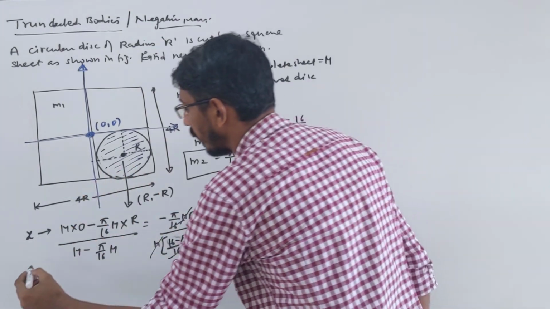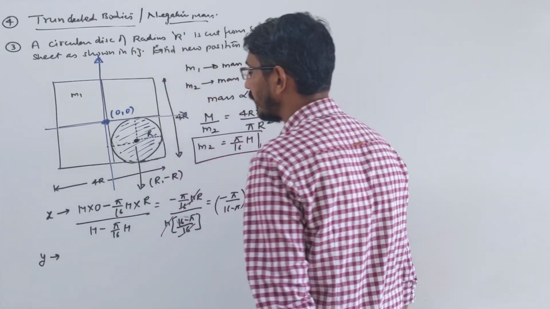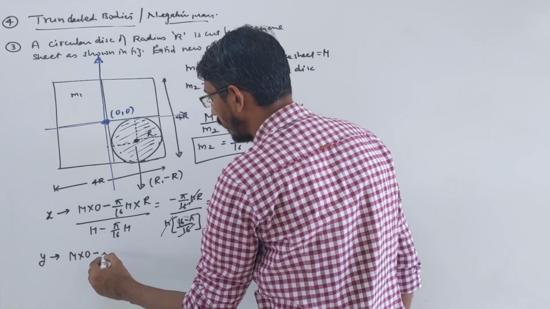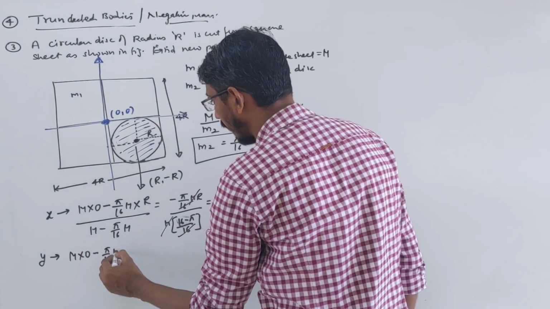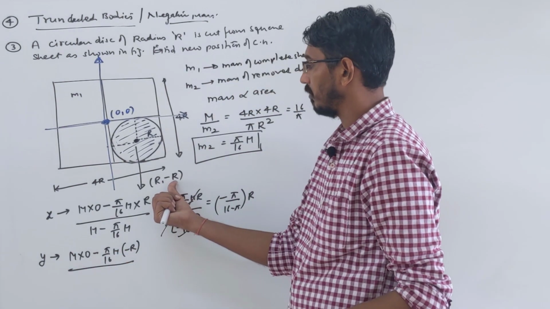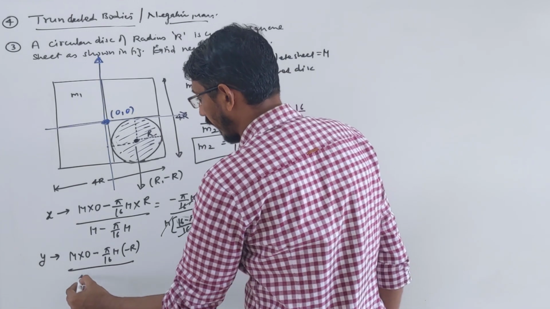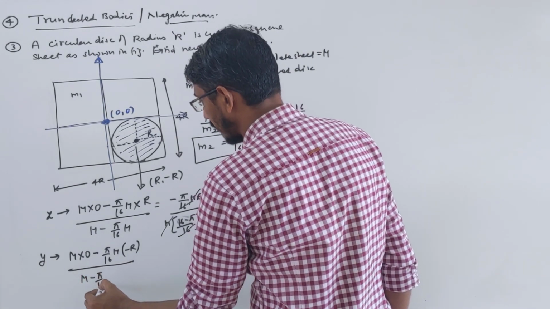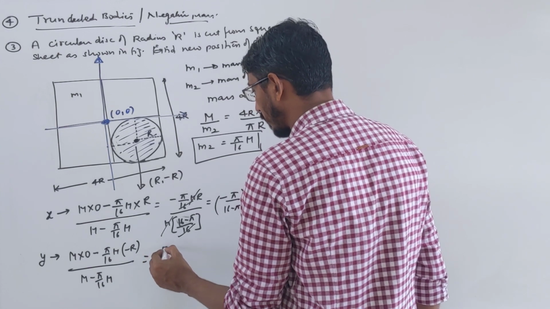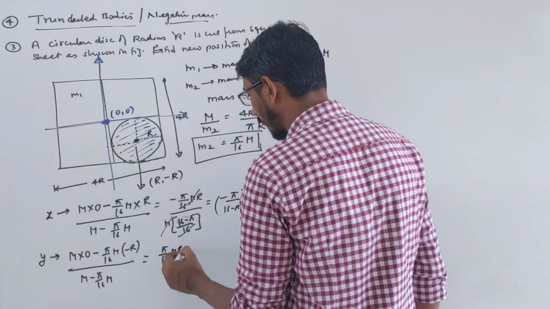Same way let's find the y coordinate. When we write the y coordinate, m1 into y1 is 0, minus m2, that's pi by 16 into M, and y2 is minus R, right? Divided by M minus pi by 16 of M. So that term is 0, and this term becomes positive, pi by 16 of M R positive.